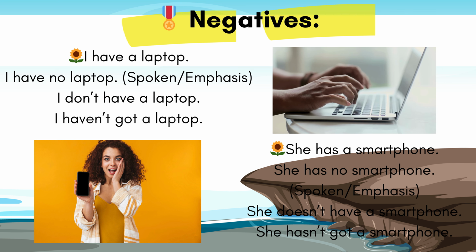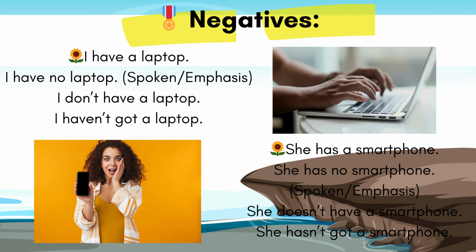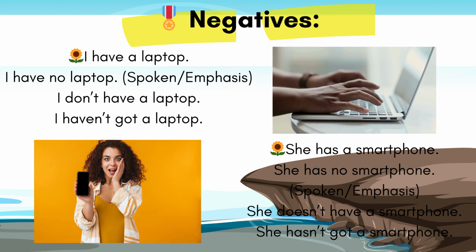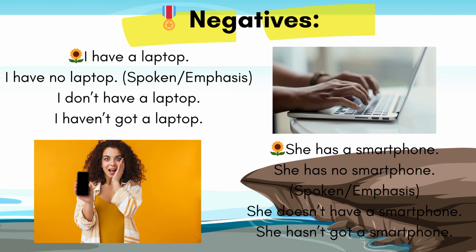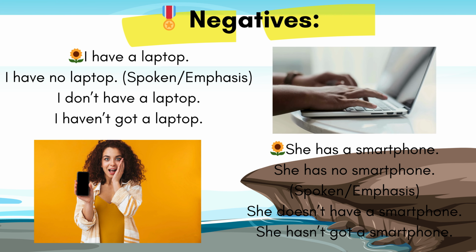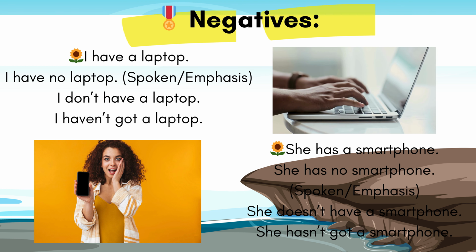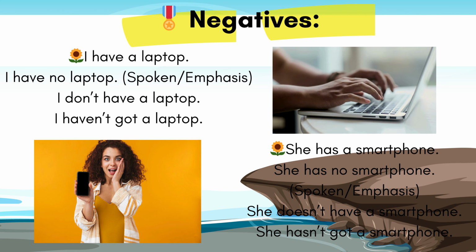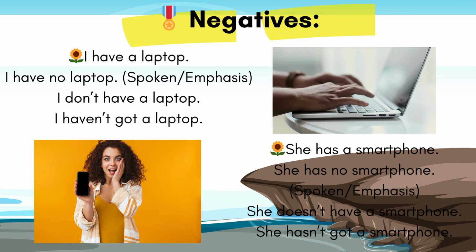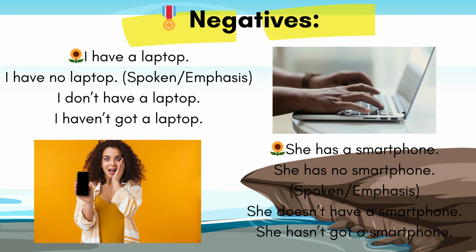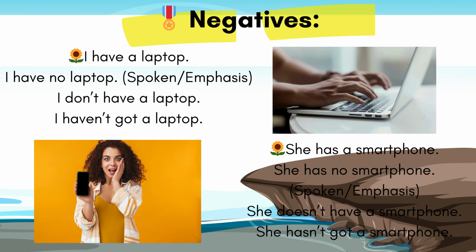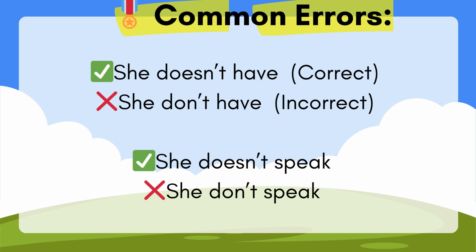Another thing to remember is that she doesn't have is correct. With she you have to use does only. Doesn't means does not. She does not have a laptop. But she do not have a laptop is incorrect, because she is singular and we must always use does with she.